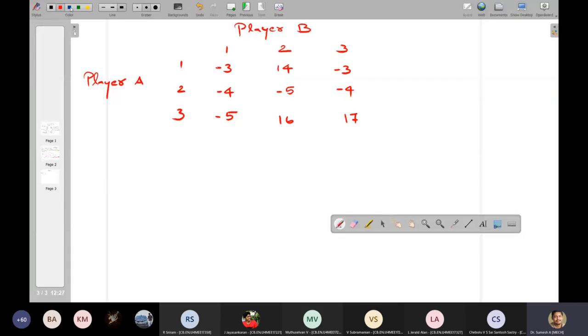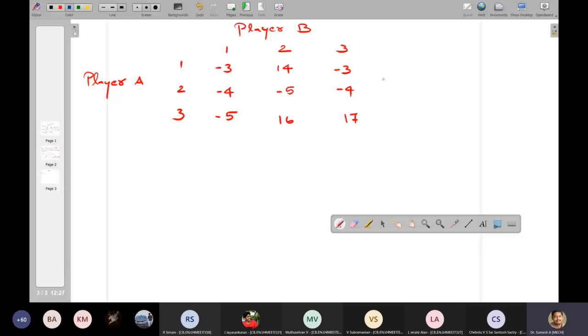Step 1: select the minimum of each row and circle it.